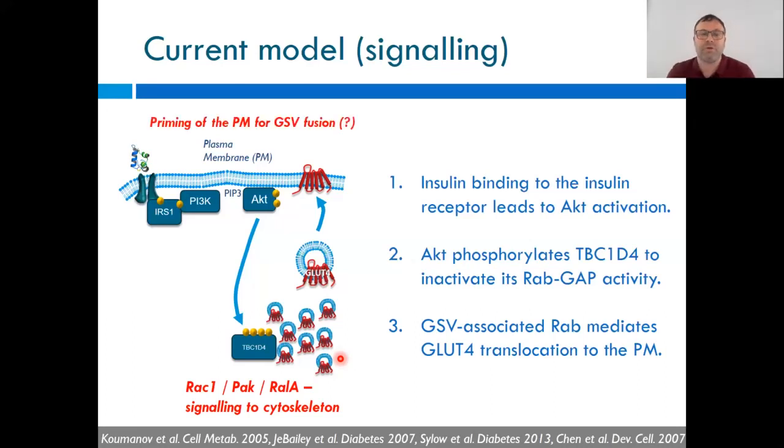And also, we know from a number of studies that there are likely to be key insulin signaling events occurring at the plasma membrane to control the interaction of the GSV with the plasma membrane and its fusion. For example, there is indication that insulin may change the phosphorylation status of key members of the SNARE complex, which is a key complex in mediating the interaction between the vesicle arriving at the plasma membrane and the plasma membrane. But there are likely other steps here that we don't yet know and key signaling intermediates that we haven't identified.